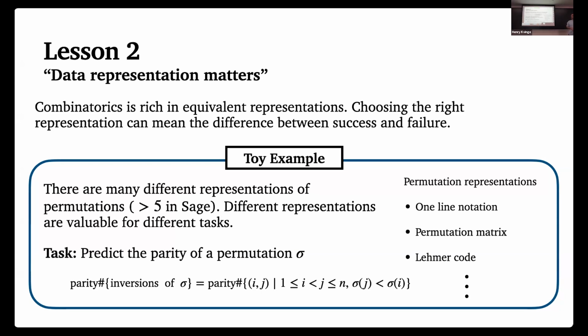As a really simple example, one can try to predict the parity of a permutation. This is known to be hard with a lot of architectures. Transformers are notoriously bad at parity tasks, or really any task where one change to a coordinate will cause a big change in the output. It makes sense. But of course, the representation you use of the permutation can have a big effect on this.